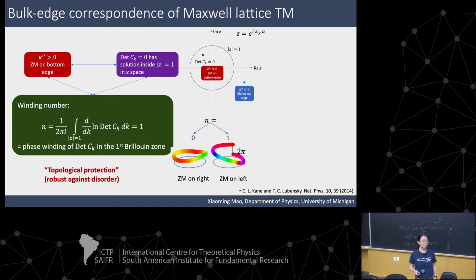I know that the relation between the index and the edge at which you have the mode depends on the convention you use for the unit cell. So how does it change if you change the convention for your unit cell? Can you just swap the argument? Yeah, we haven't got to that step yet, but it corresponds to how you define your unit cell, which bonds and sites you include in the unit cell. That can change the actual value here, but it changes in a way that it shifts for all kinds of lattices.